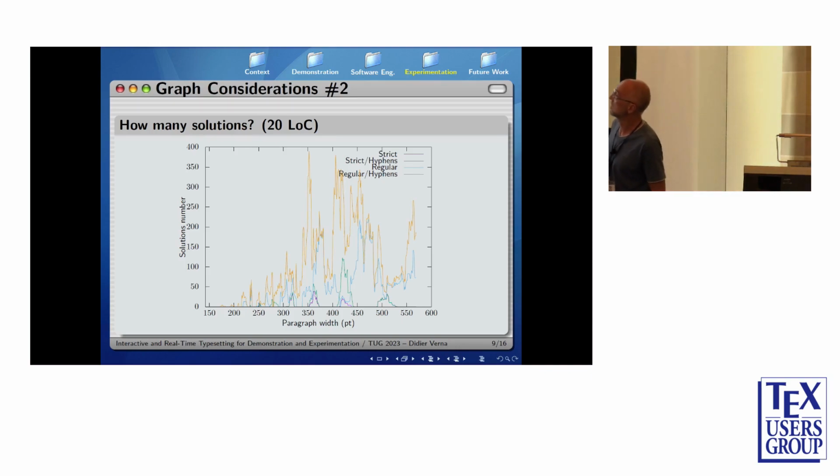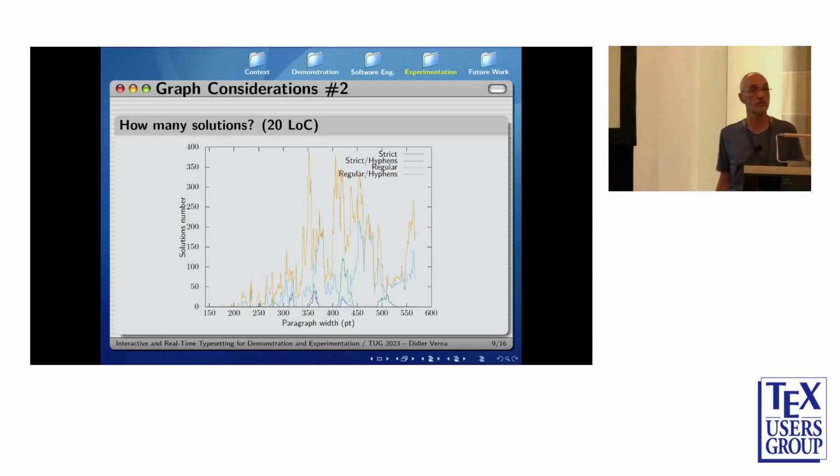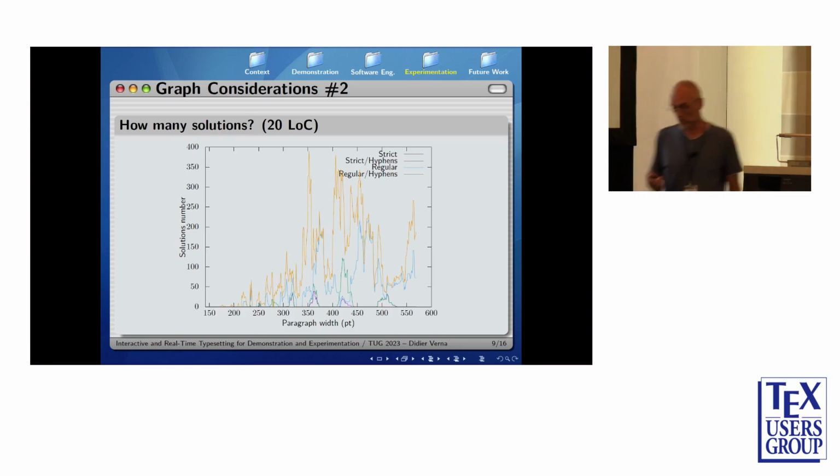As you can see here, and that's based on just the exploration of the graph of possibilities, at most in this specific case, you can have up to 400 possible solutions for computing correctly a single paragraph. And this happens at approximately 350 points wide.